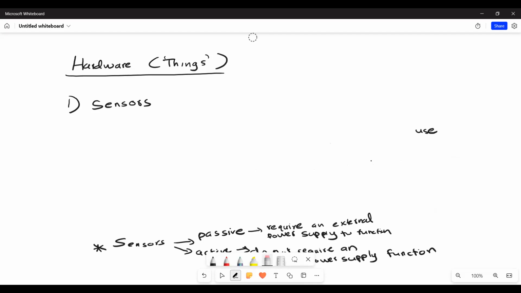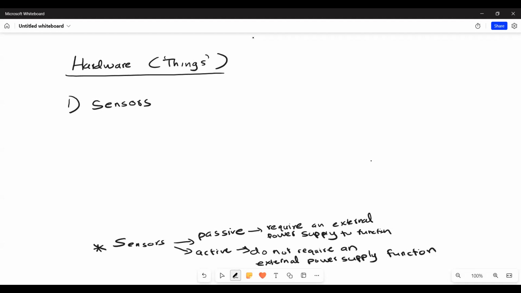right? So we have multiple sensors in the market today, and therefore we can see different types of sensors. So we will first talk about the passive sensors and then about the active sensors.